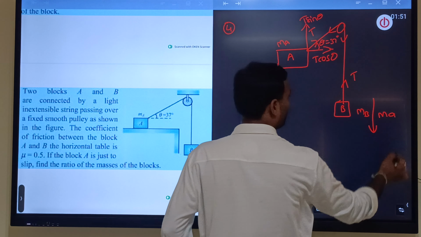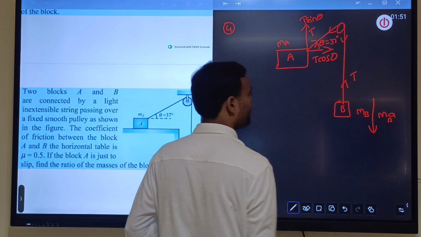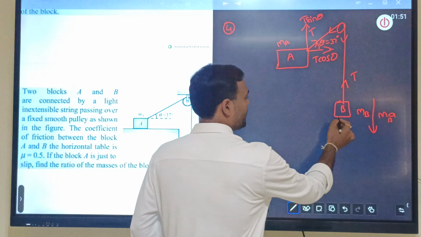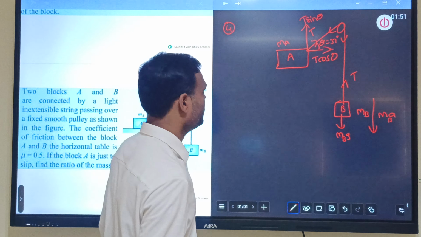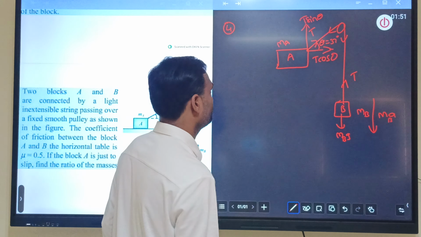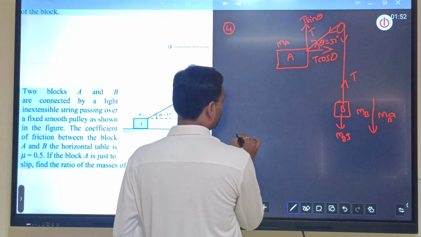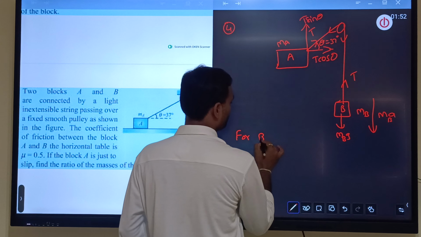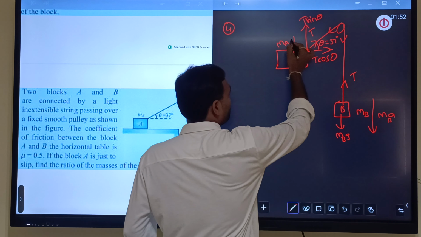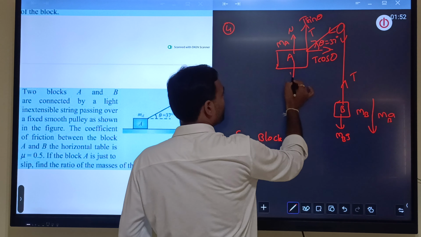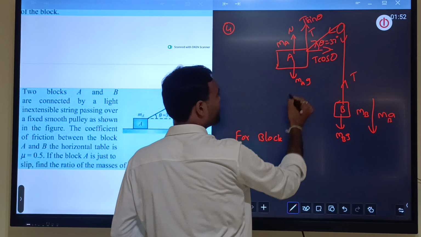Mbg will act in the downward direction. Now for block A, normal will act in the upward direction, mag will act in the downward direction.